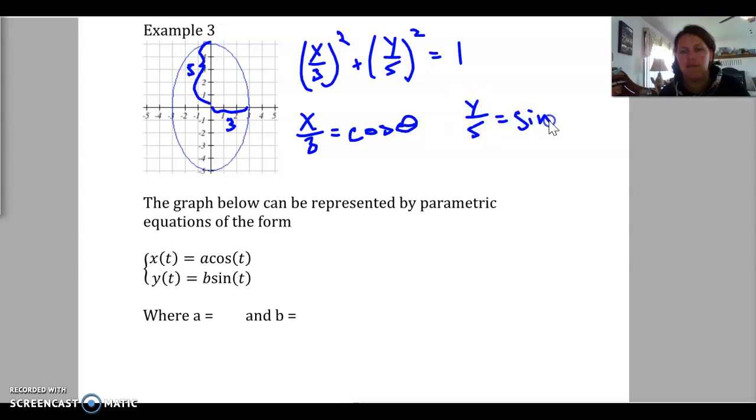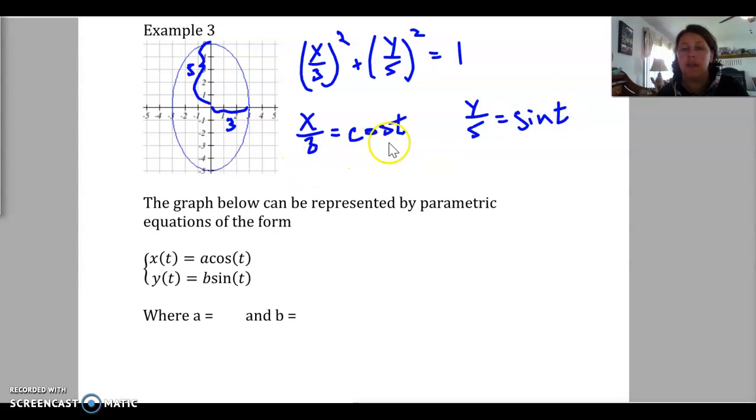equals sine theta. Also, when you are looking at this picture, what are we going to do to solve for x? We're going to multiply both sides by 3. So we'll have x equals cosine. We should use t there, shouldn't we? Let's use t here, so we stick with our parametric variable.